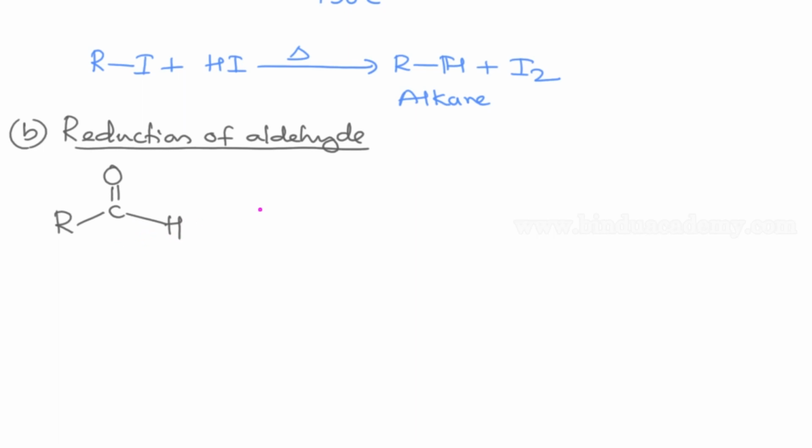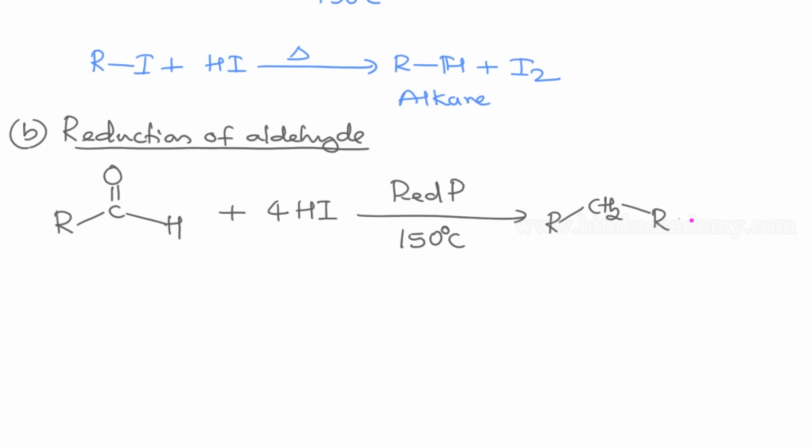For this we need 4 molecules of HI, then red phosphorus, and the temperature is again the same, 150 degrees Celsius. Obviously we get RCH2R, and along with that we get H2O plus 2I2. Okay, this is one type of reaction.